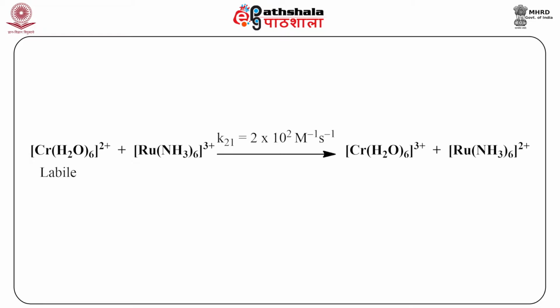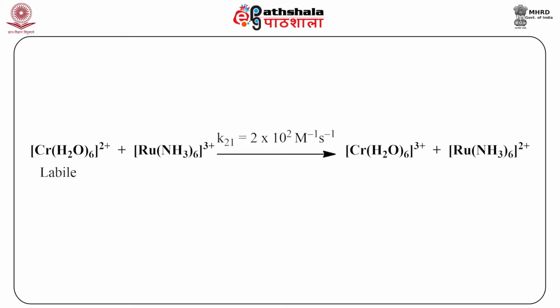If you see, both the complexes are labile. It is well known that the chromium hexaaqua 2 plus complex is a d4 system and it is labile. In this case ruthenium is attached with stronger ligands, that is ammonia, and it is 3 plus, so it is d5 in configuration, and it is highly needy of getting 1 electron to complete a d6 configuration.